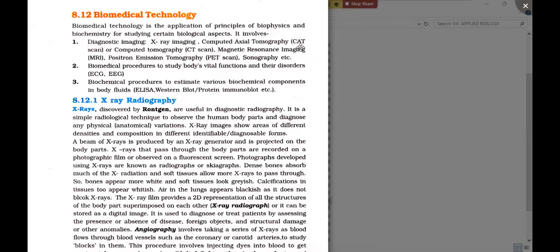Next, we don't have positron emission tomography in the syllabus, just by namesake it was given. PET scan, sonography, we don't have. So these are the diagnostic imaging techniques we see.